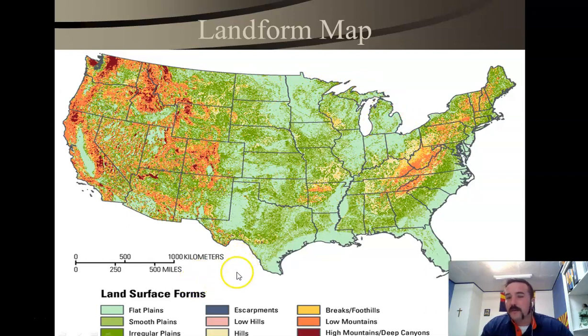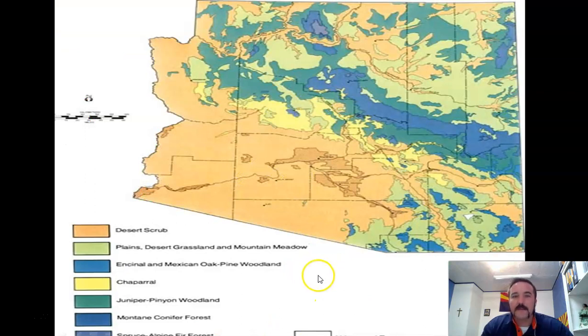But you wouldn't know what these colors mean unless you have the map key. That is important. Now again, we're just zooming in on the state of Arizona. And here you have to look, okay, well, what does blue mean and orange and yellow? Look right here. Now this is talking about the different kinds of trees or plants.